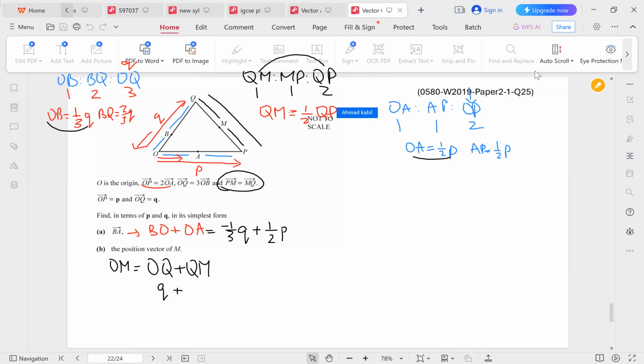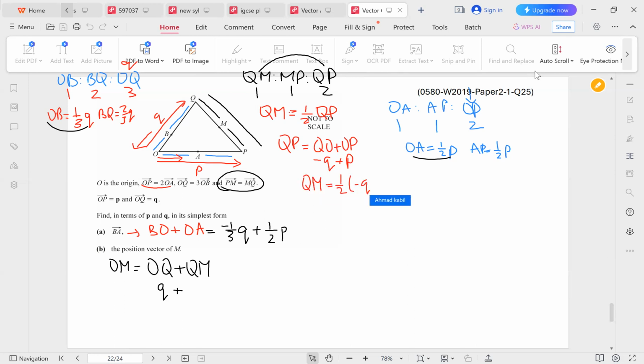Now, in order to get QP, we go from Q to P. So this would be QO plus OP. So QO is the opposite of OQ, so this is negative Q. And OP is P. So we have QP, and we can get QM simply by multiplying by half.